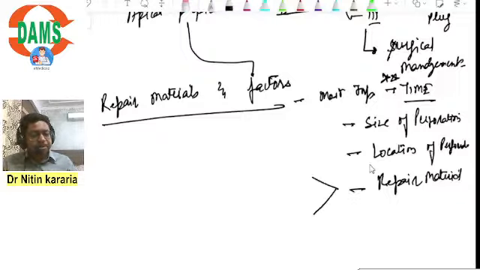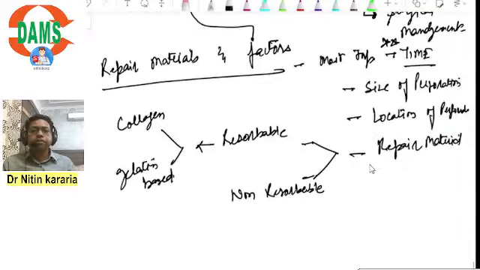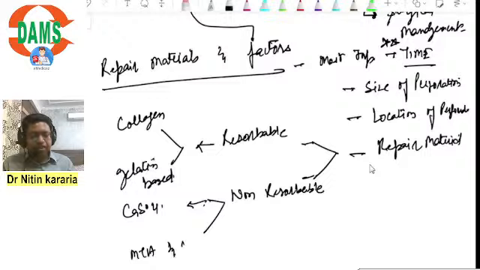Repair materials can be resorbable and non-resorbable. Resorbable materials are collagen and gelatin based. Non-resorbable materials are calcium sulfate or gypsum based, and MTA and similar materials.